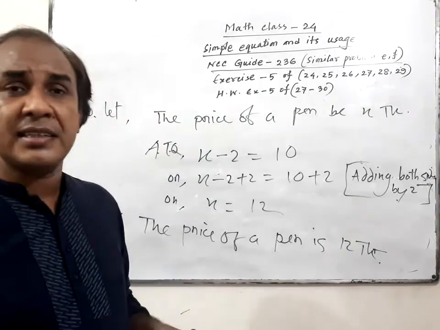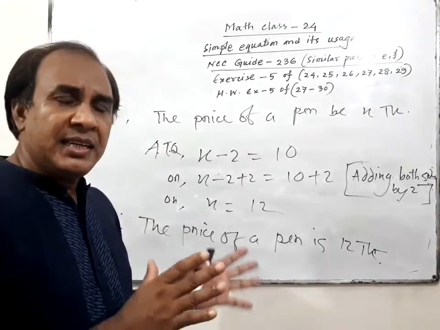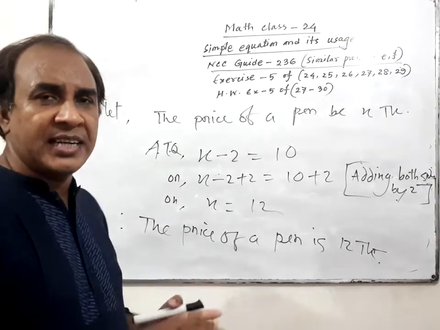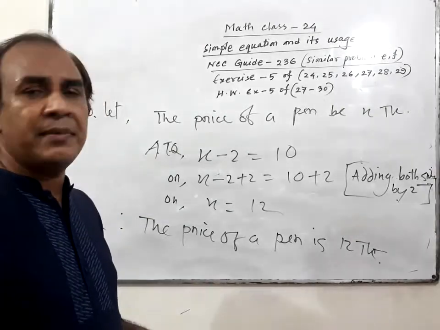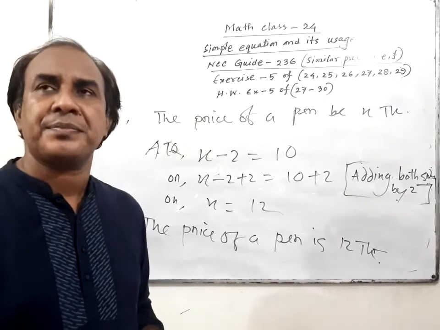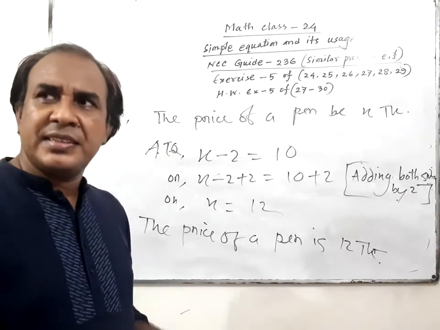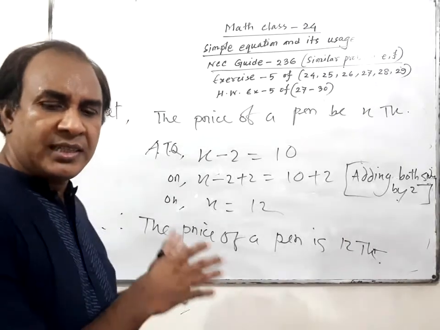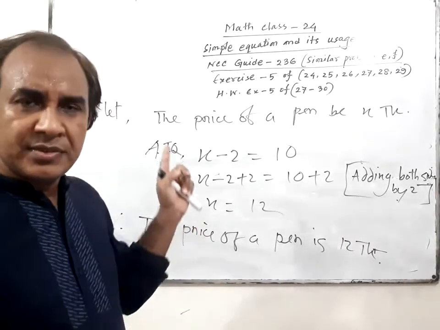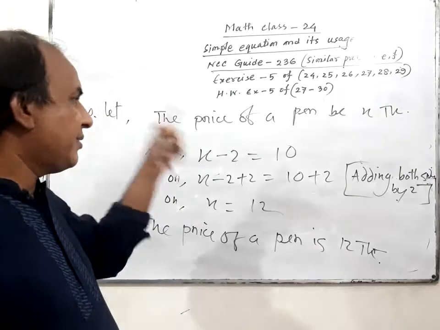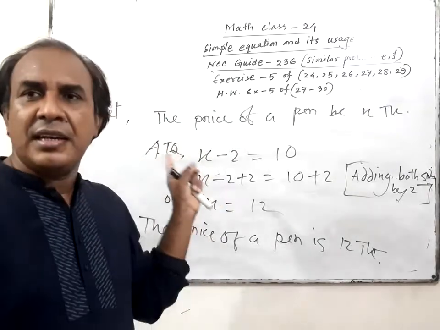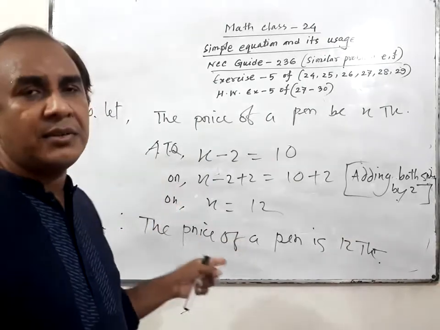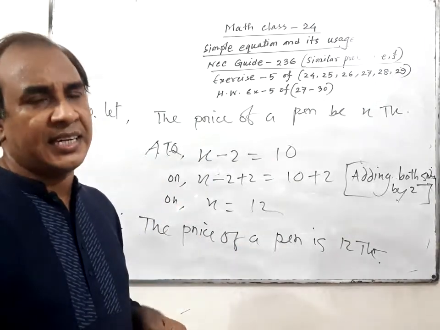The thing is that in the GK book, in the Bengali book, in the mathematics book from the NCC guide, there is a little bit of mistake by computer. And the thing is important for the cadet college admission. When the teacher is inside class, the teacher will teach that type of lesson and make it correct.